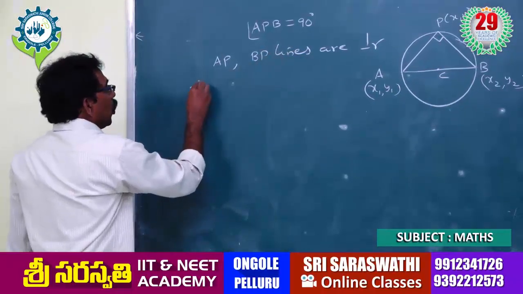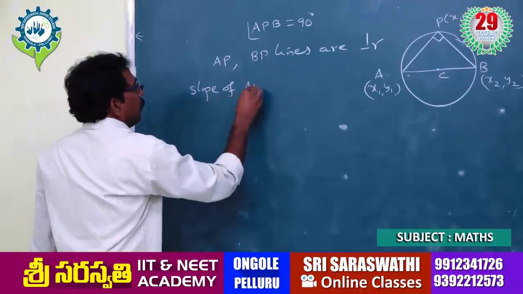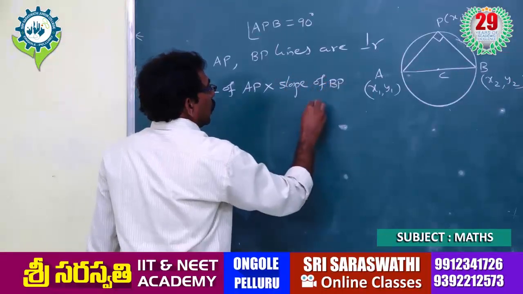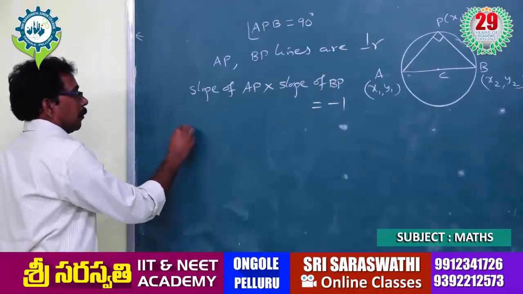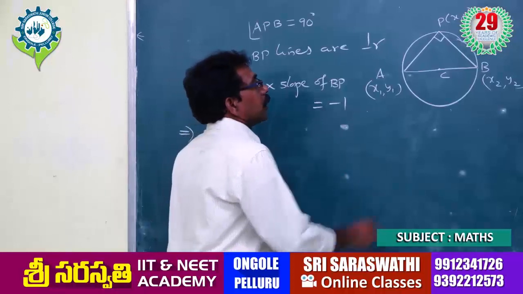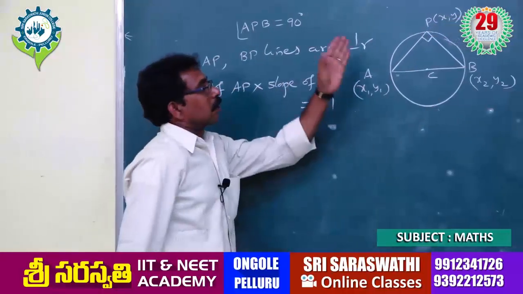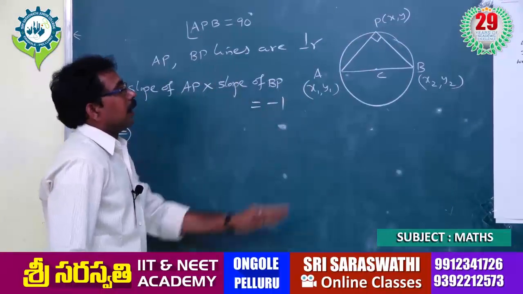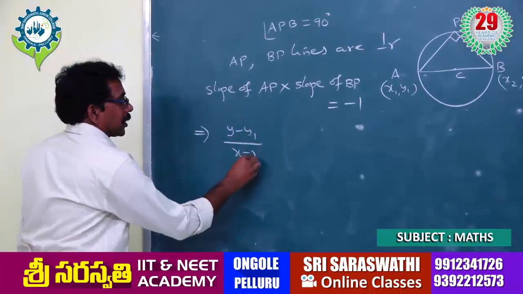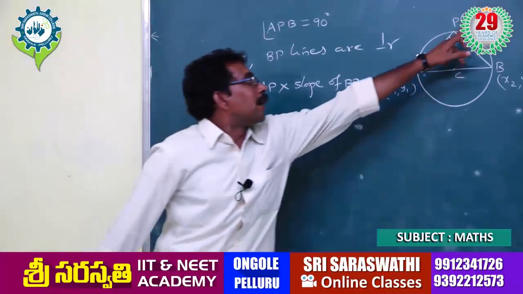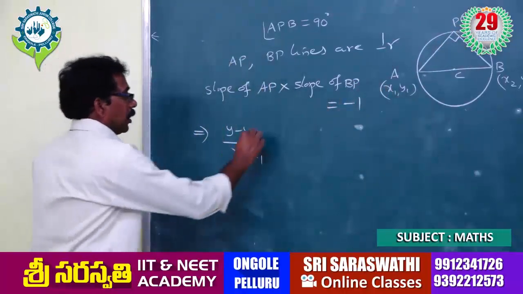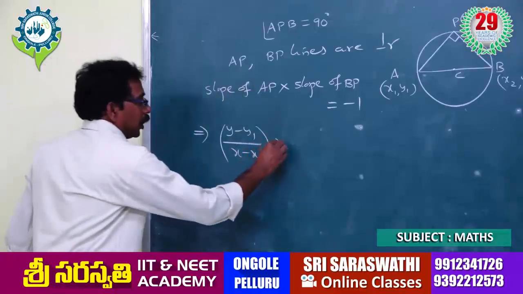Hence, slope of AP into slope of BP is equal to minus 1. In the first year, we already learned that if 2 points are known, then the slope of that line is y minus y1 by x minus x1. So, y coordinate difference divided by x coordinate difference is the slope of AP.